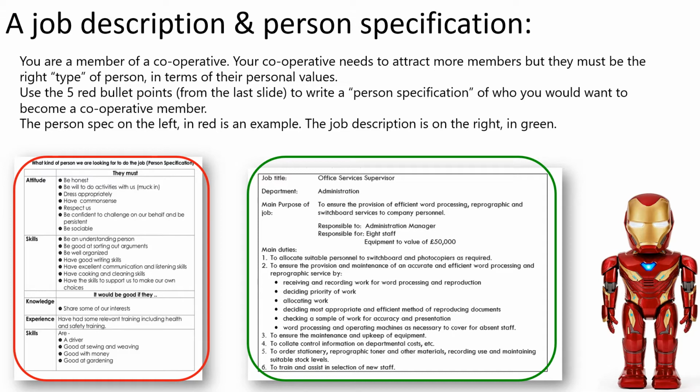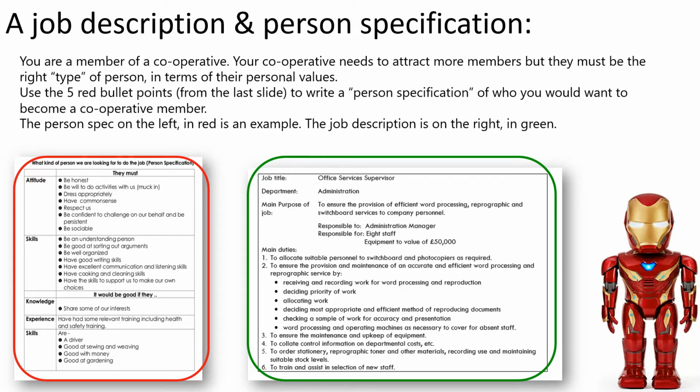Now that leaves number 1 and 2. Membership is open and voluntary. And number 2, members are always in control no matter how many shares a member has. They only get a single vote. So if we're looking at membership is open and voluntary, is that a job description, a duty, a task, or is that actually part of the person spec? There's a clue.